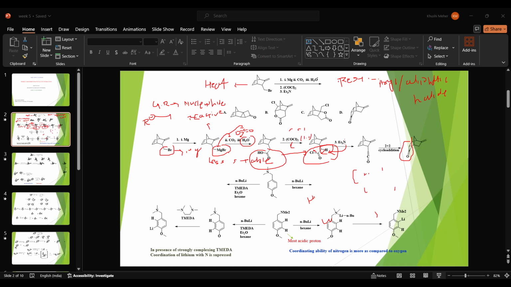Suppose this one is from the above side, then you will get your hydrogen from the other side, and boron comes from the other side. The phenyl group goes to the below side, and the hydrogen present on the sp2 carbon has to be on the below side. That's why we'll get a trans, as a trans boron.